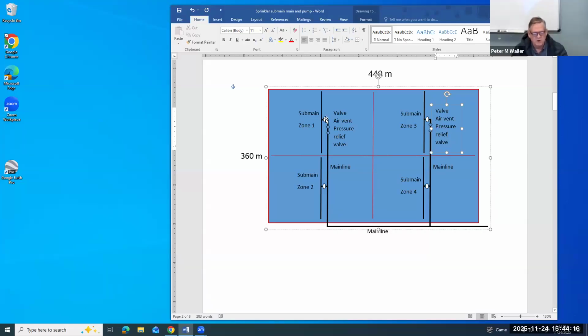Or if we have enough water holding capacity in the soil, we might water this zone for 2 days for 16 hours, and then this one for 2 days for 16 hours and come back every 8 days, something like that. But anyway, we have a valve and we have an air vent to let the air out and the pressure relief valve here. And then we have the submain or the main line going back to the pump.